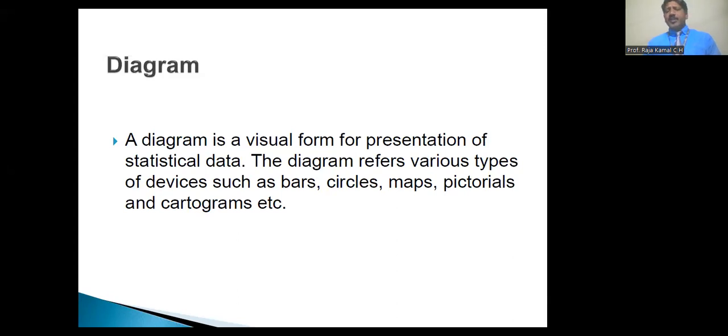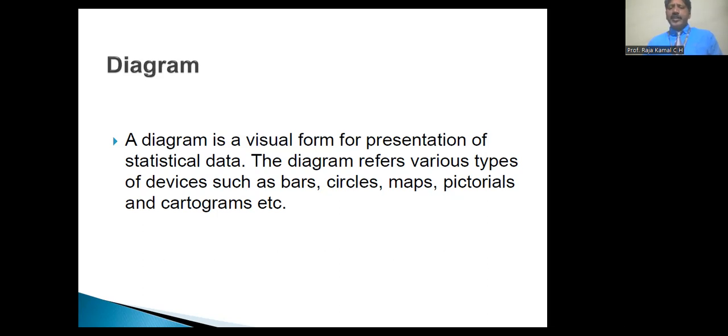The diagrammatic representation of statistical data is very attractive, gives a lot of information, and can be easily understood. If the data is huge, it can be presented in the form of a diagram and converted into a simple form. This is the use of diagrams.